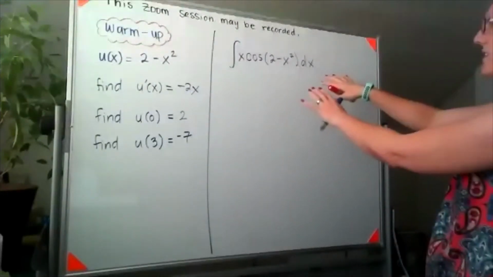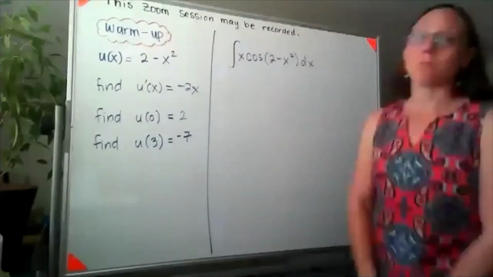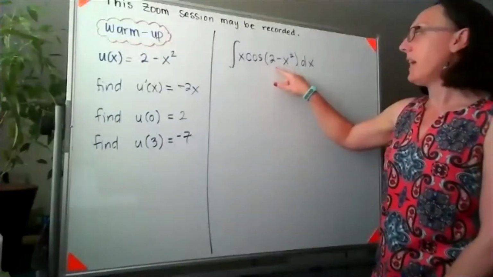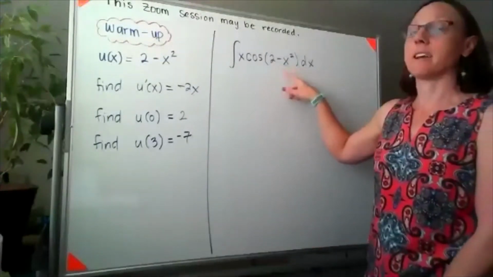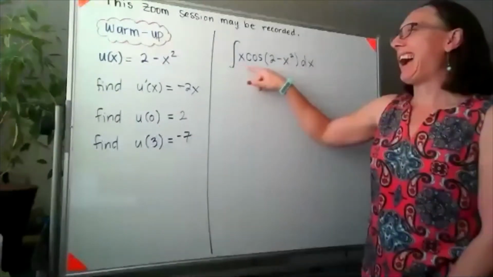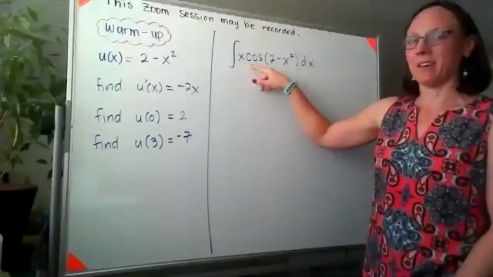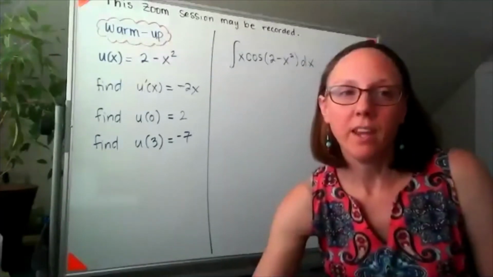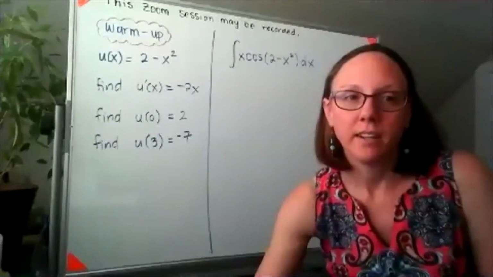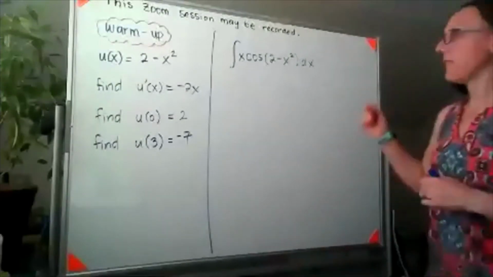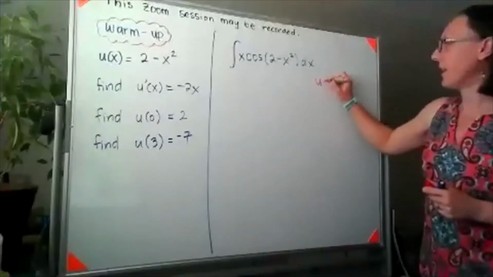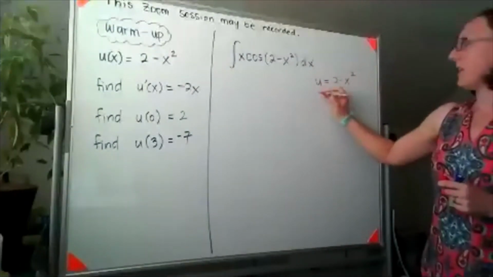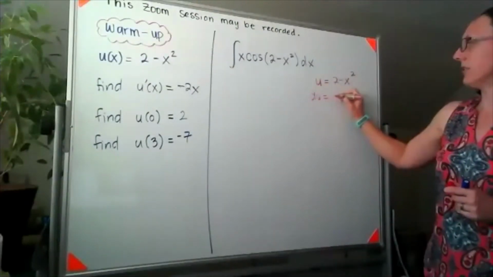So when I look at this, I'm going, well, that's really ugly, but this part inside of the cosine, if I take the derivative of 2 minus x squared, I almost get an x back. So I'm going to start building my vocabulary list. If I let u be equal to 2 minus x squared, then I'm going to take that derivative.